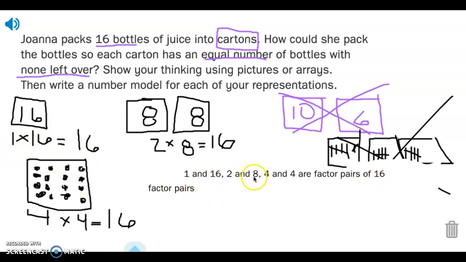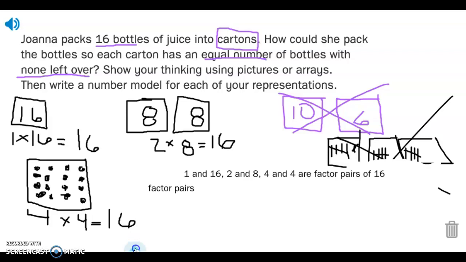What is 2 and 8 equal when you multiply them together? 16. So it's a factor pair. Remember, pair means 2. So I have 2 different numbers, 1 and 16. Multiply them together to get your product. 2 times 8 is 16. And 4 and 4 are a factor pair because 4 times 4 equals 16.